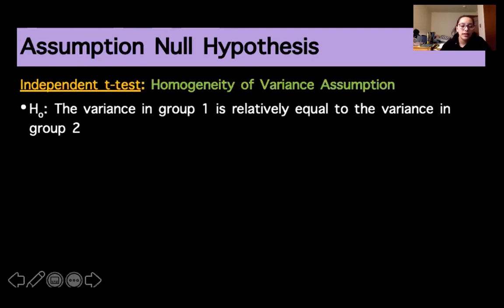Basically what it's arguing is a very similar formula to the other null hypotheses we've seen before. Homogeneity of homo, same, variance. That's the null hypothesis. The variance in group 1 is relatively equal to the variance in group 2. Same variance, equal variance.